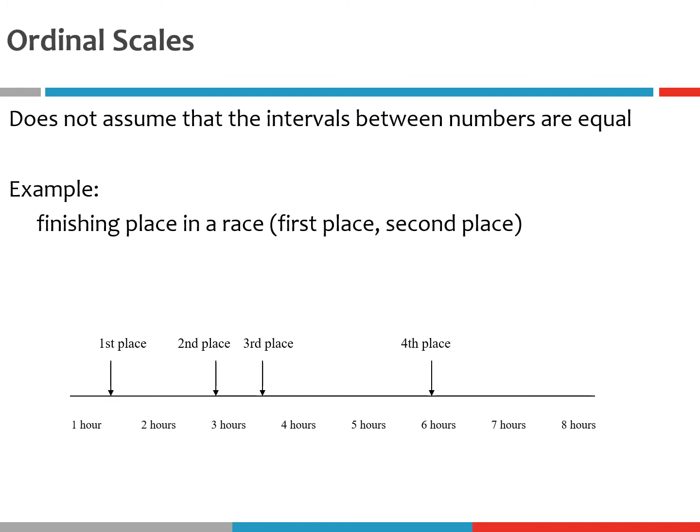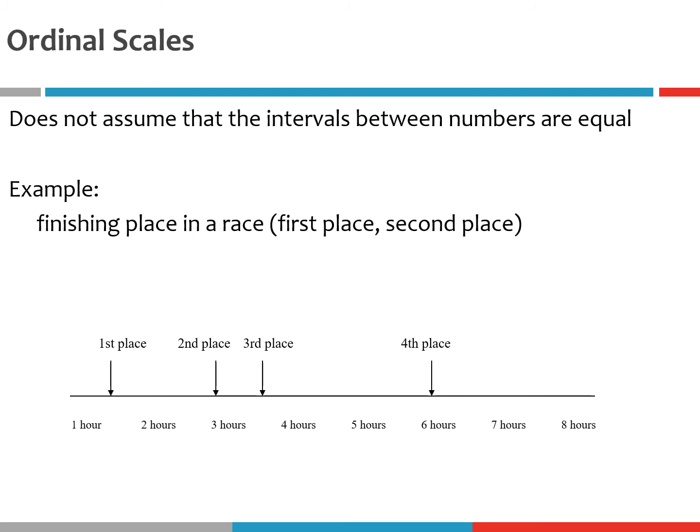Another classic example is the final position of horses in a race. This is an ordinal variable because there are horses that finish first, second, third, fourth, and so on, and they're ordered on the basis of magnitude.